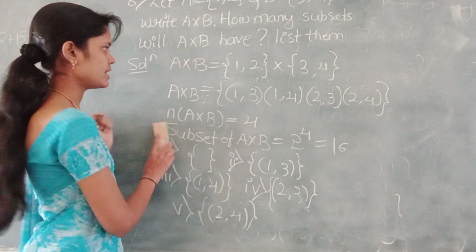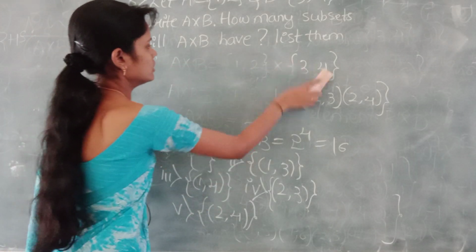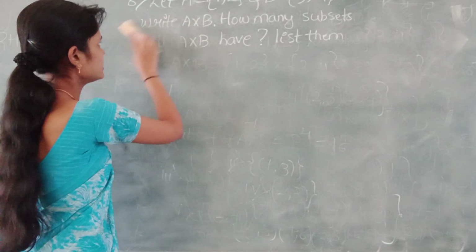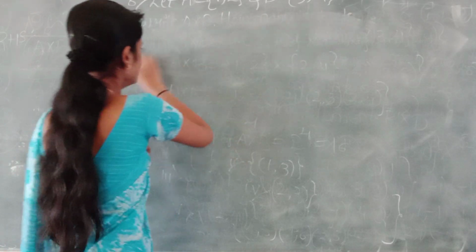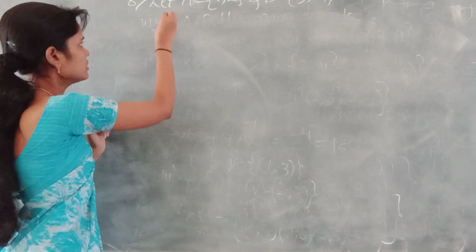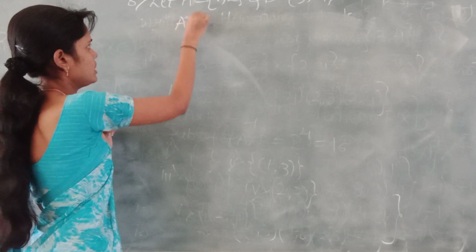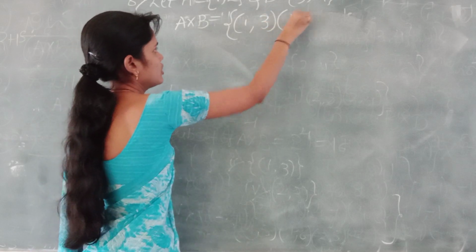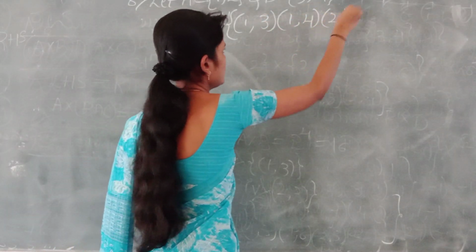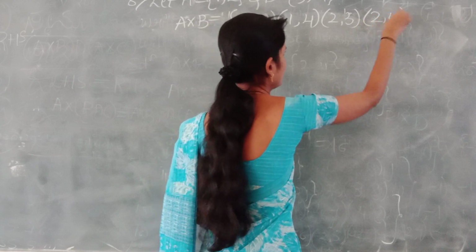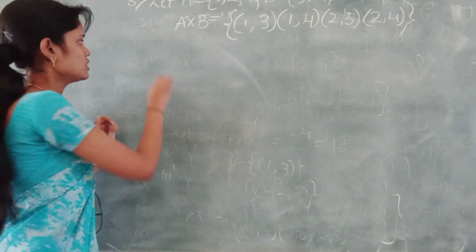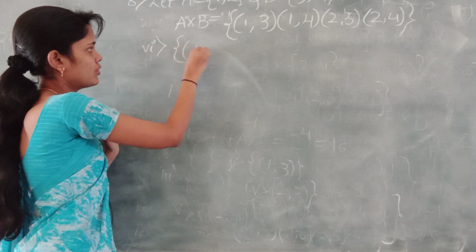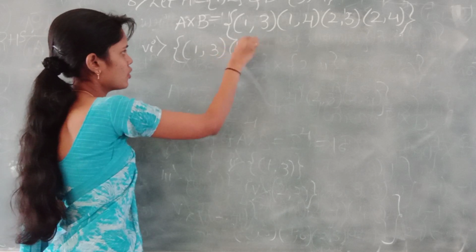Let us move on to write the sets containing 2 ordered pairs. So totally 5 I had written. Once again I will write A cross B here: 1, 3, 1, 4, 2, 3 and 2, 4. Right. So here the sixth subset is 1, 3 and 1, 4.